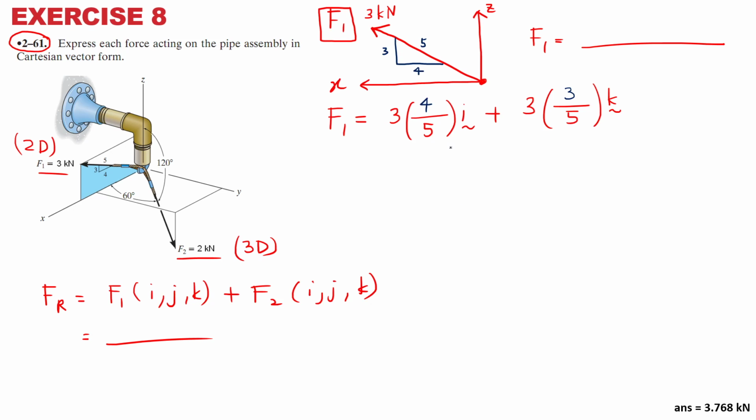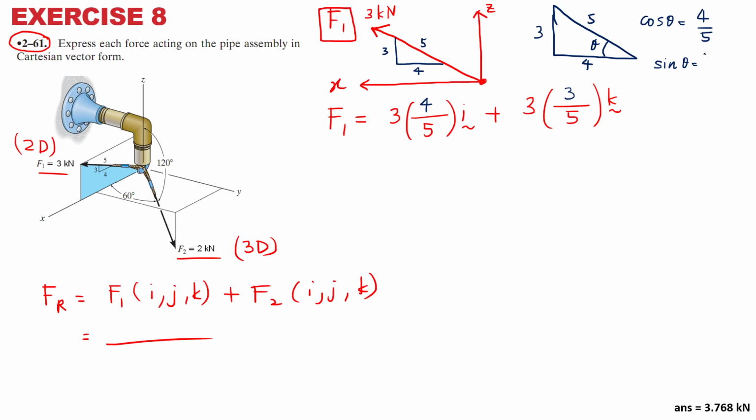If you look at this triangle, let's say this is theta. This value is 4, this value is 3, this value is 5. What is cos theta? Cos theta is actually 4 over 5. And what is sin theta?